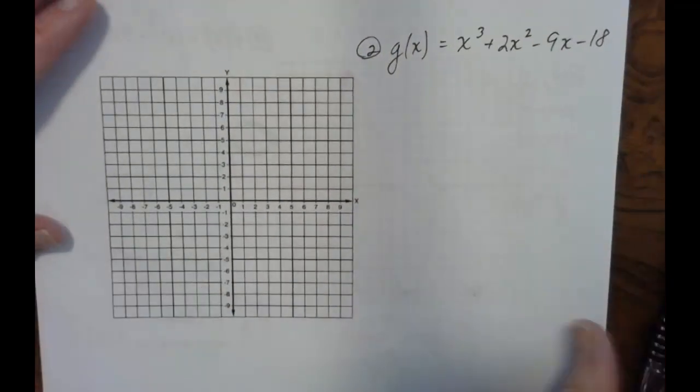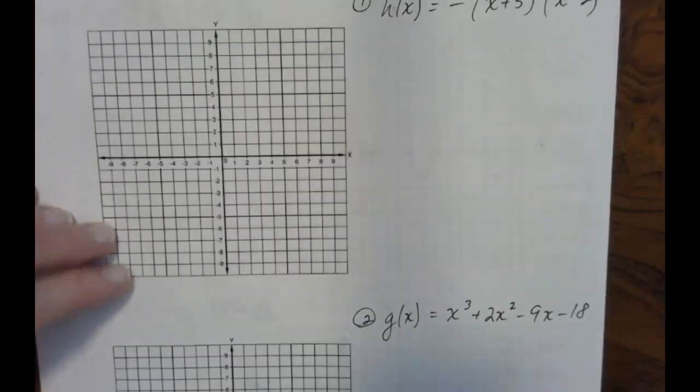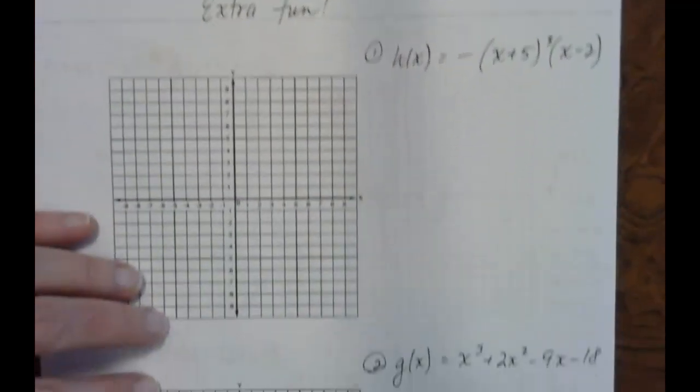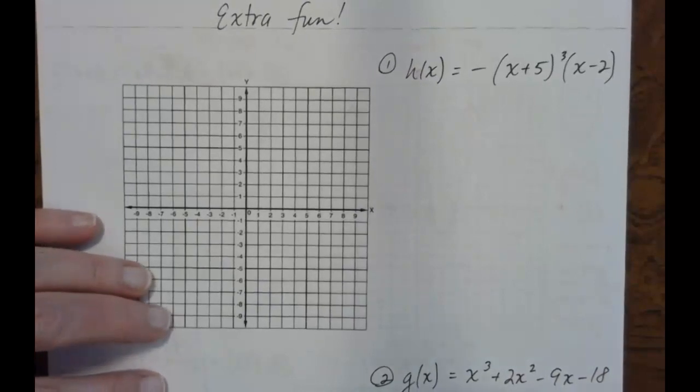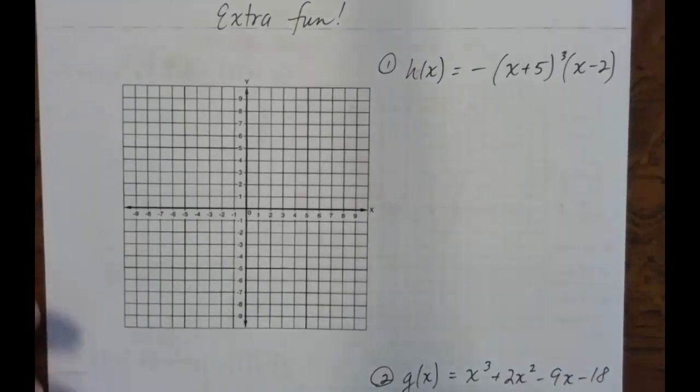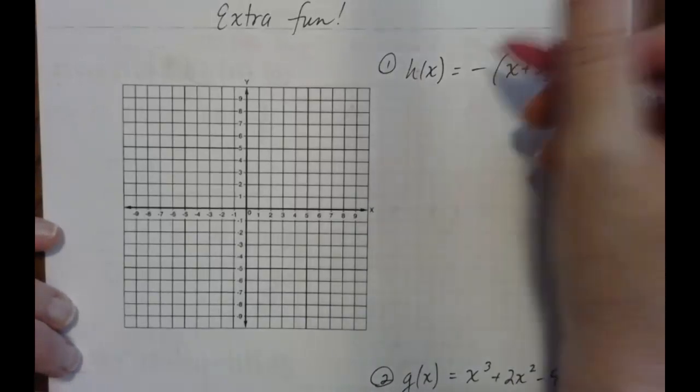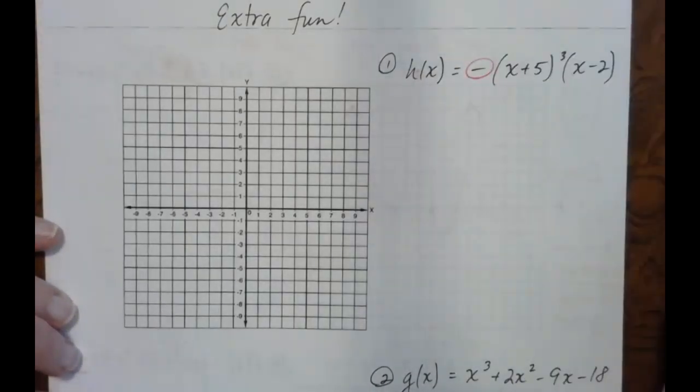Two more soldiers. Let's finish strong here. So here's some extra fun, and you can graph these or just watch as I do it. So this one is in factored form. We've got a tricky little minus sign lurking up front. Remember what that means.